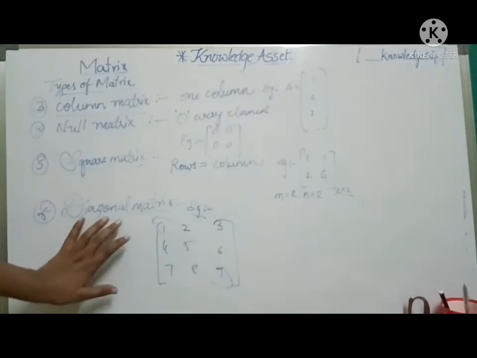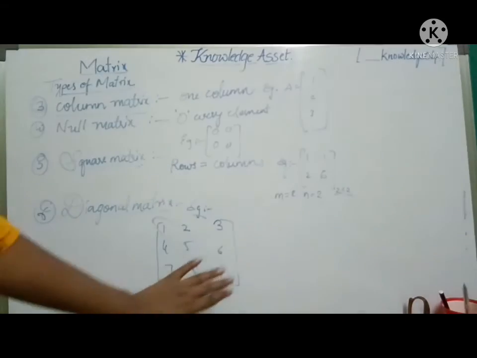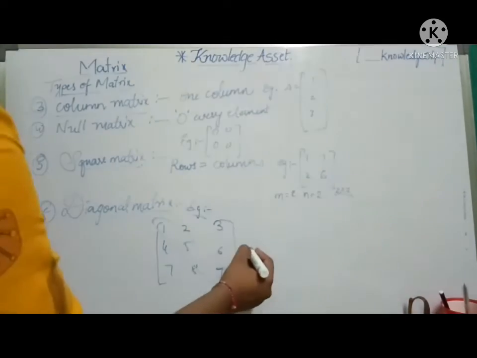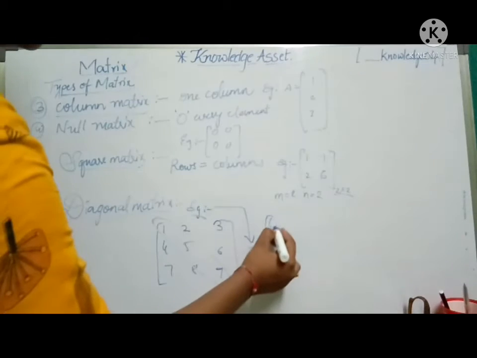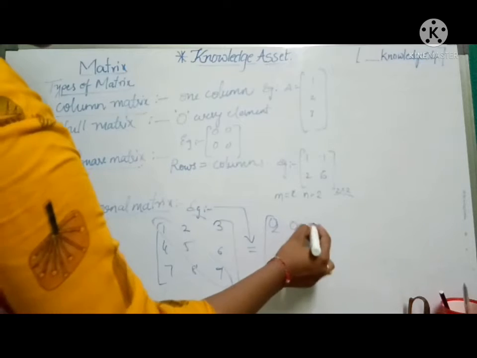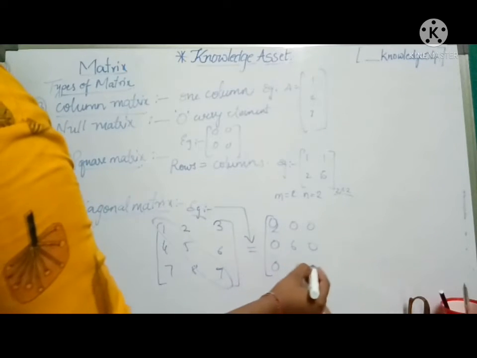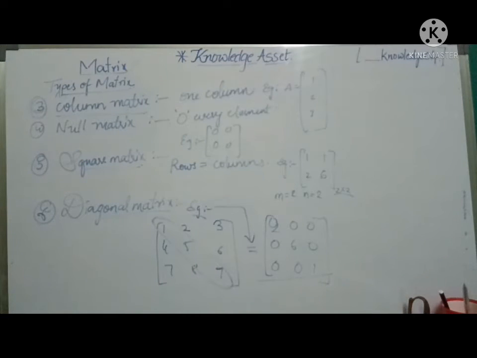So what is a diagonal matrix? Except the principal diagonal, all the elements in the matrix should be 0. That means an example of a diagonal matrix is 2 0 0 0 6 0 0 0 1. This is called a diagonal matrix.